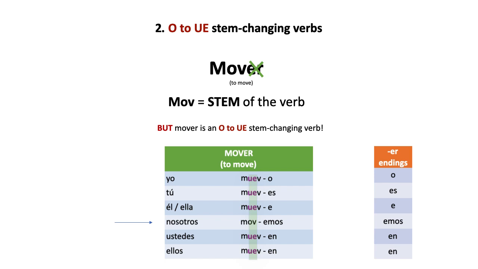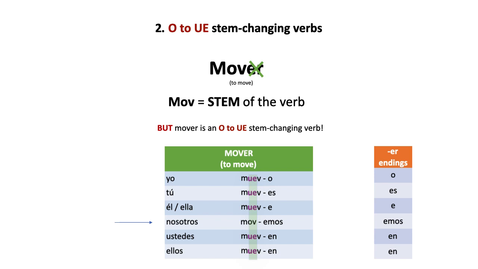Which will list verbs from each of these three groups, and it will be three separate lists, one for each of the groups, and as you learn the meaning, you also learn that it's a stem changing verb and what group it belongs to. So that way, when you encounter the verb, you will know to apply the changes that it needs, okay?